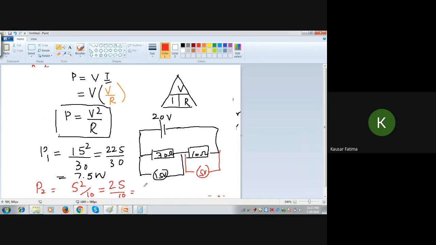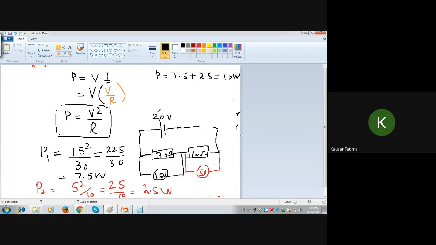So this is 2.5 watt. 7.5 watt plus 2.5 watt. What is the total power? 7.5 plus 2.5 is equal to 10 watt.